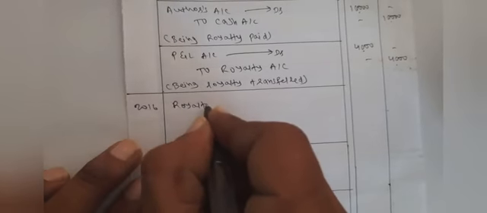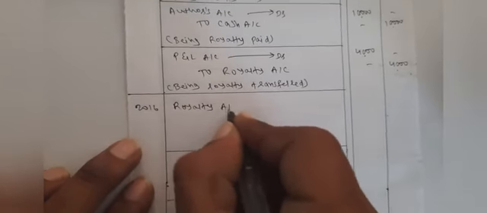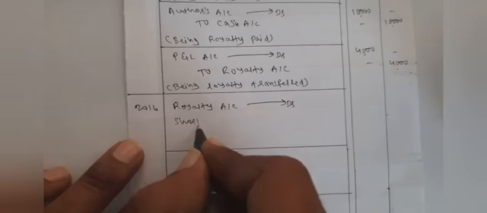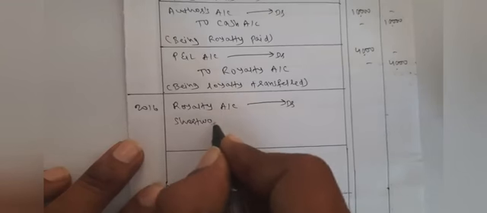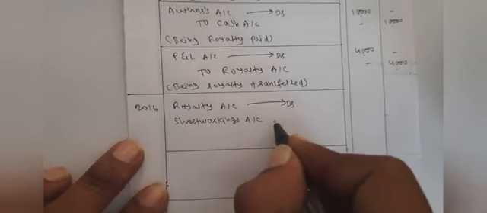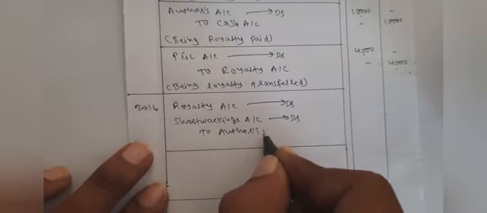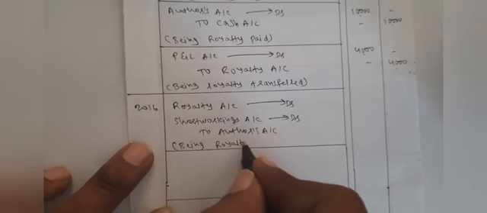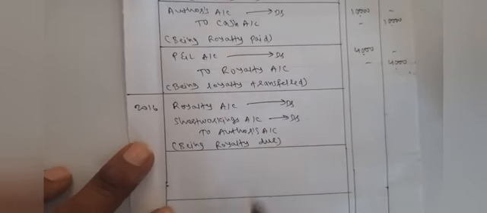So I will write it over here: royalty account debit, short workings account debit to author's account, being royalty due.